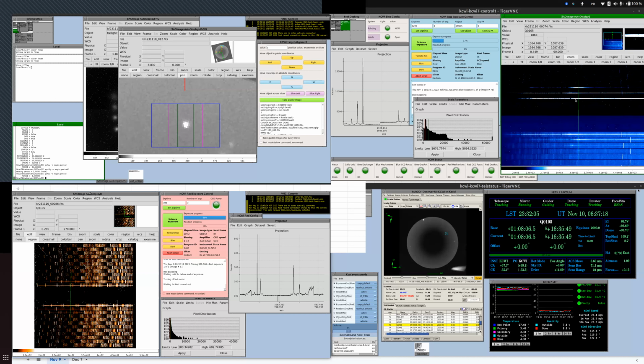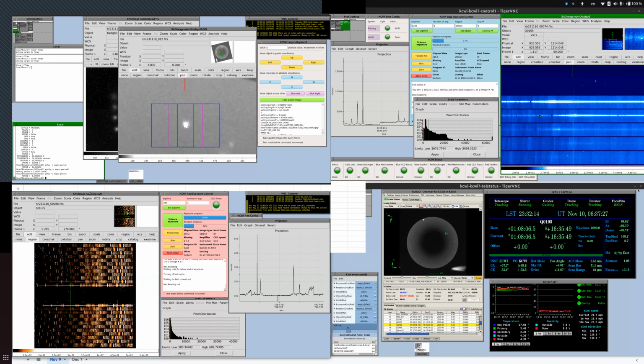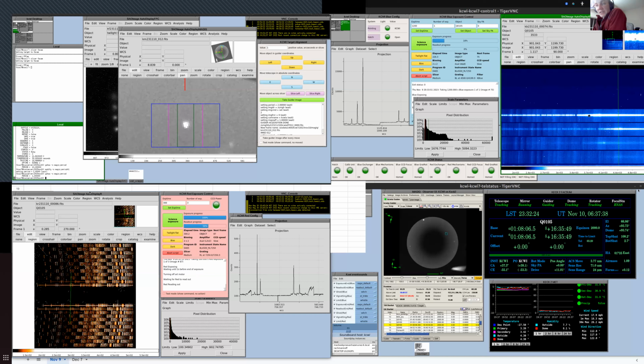So Evan, that quasar is about 20 pixels or so. The quasar is about 20 pixels. Is that correct? It depends. On the guider image, which you see in the top left of the screen, the pixel size is a lot different than the pixel size in the spectrograph.